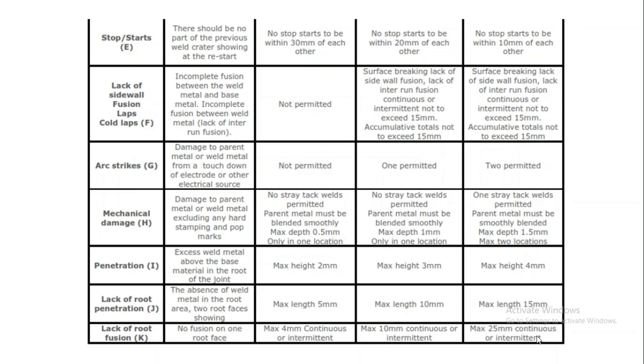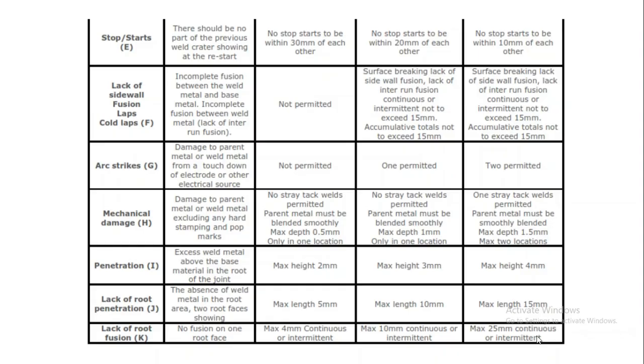There is no filling. There is absence of weld metal. Then it's considered as a lack of root penetration. So you have to measure the length. That length should not go beyond 5 mm in group A. In group C, up to 15 mm they are allowing. If it goes beyond 15 mm, it's rejected.